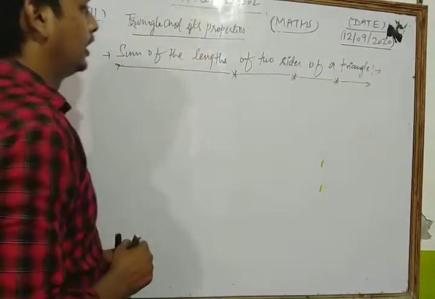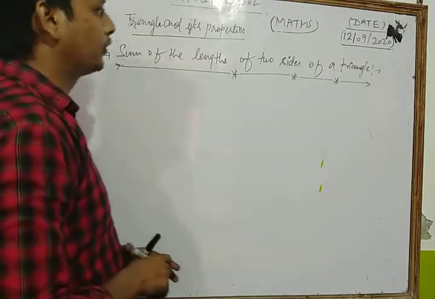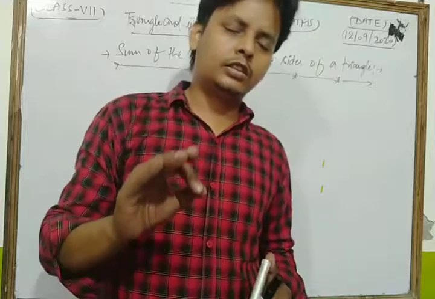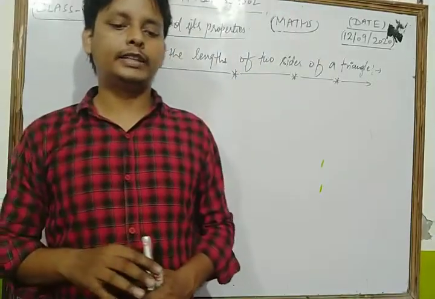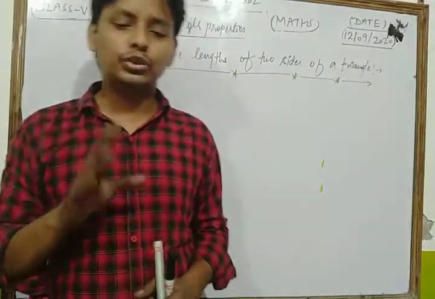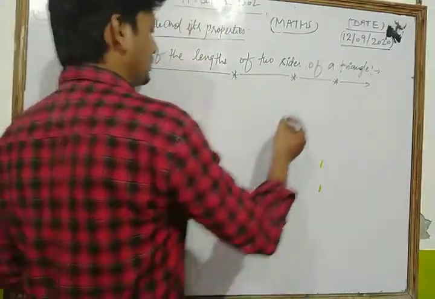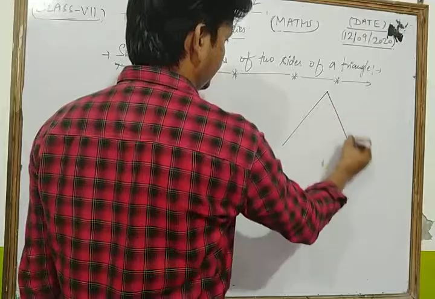Let's see. Just now we discussed the sum of the lengths of two sides of a triangle. Always remember that the sum of the lengths of any two sides of a triangle is greater than the third side. This is a very important concept of the triangle. Let's see.